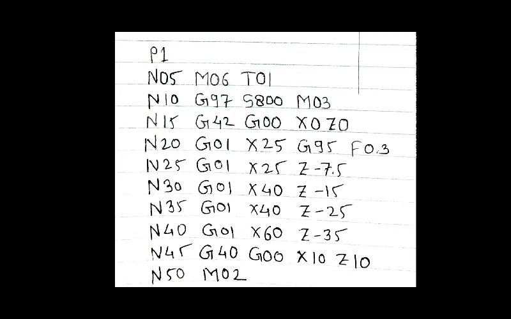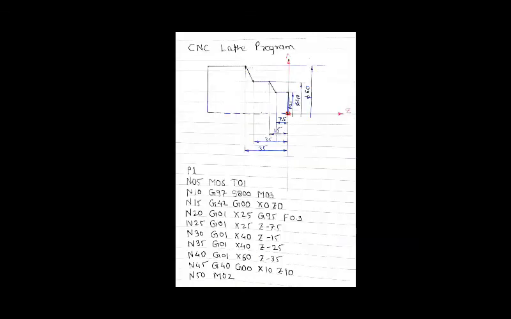Here we have seen the various codes which we have used. Still, I will repeat them. In any part programming there are three major parts: program setup, chip removal, system shutdown. In this we have used the following codes. P1 is the program identification number, N is the sequence number, M06 is for tool change. G97 is for constant spindle speed, S800 is 800 rpm.